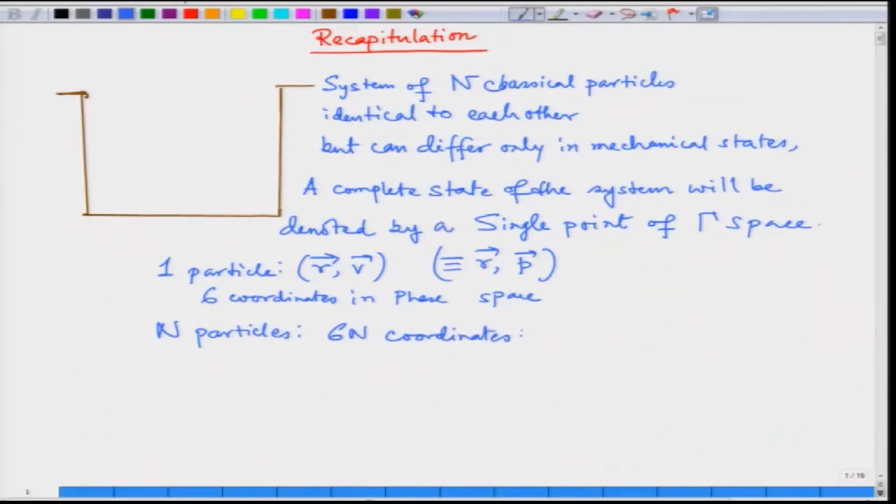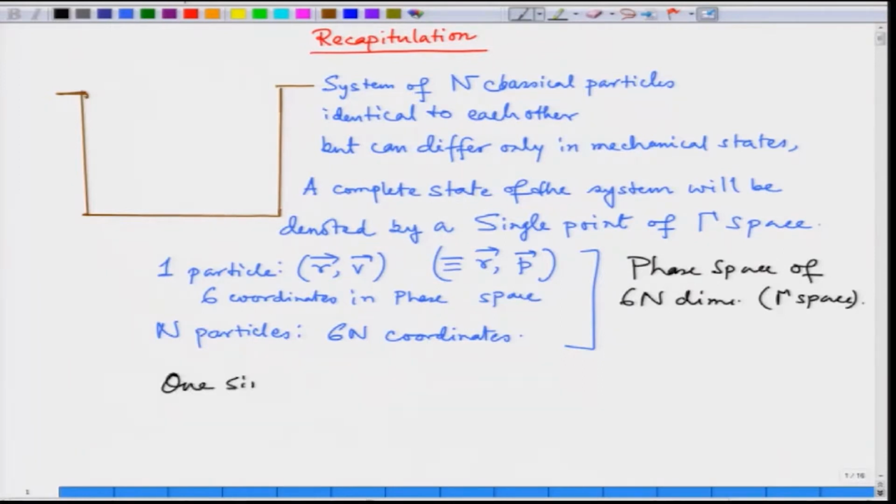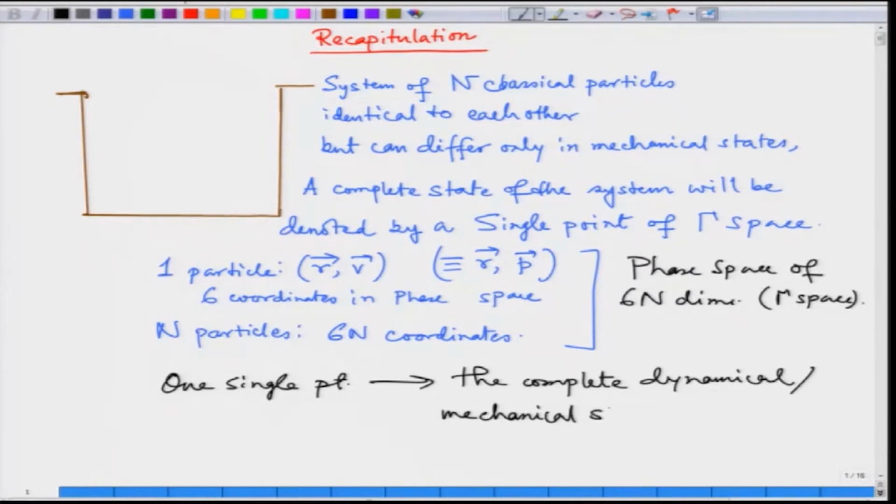So, if you assume your phase space to be of 6N dimensions, that is your gamma space, then if you freeze your time and take a snapshot, only one single point will designate the complete dynamical or mechanical state of the system at a given instant, let us say t.